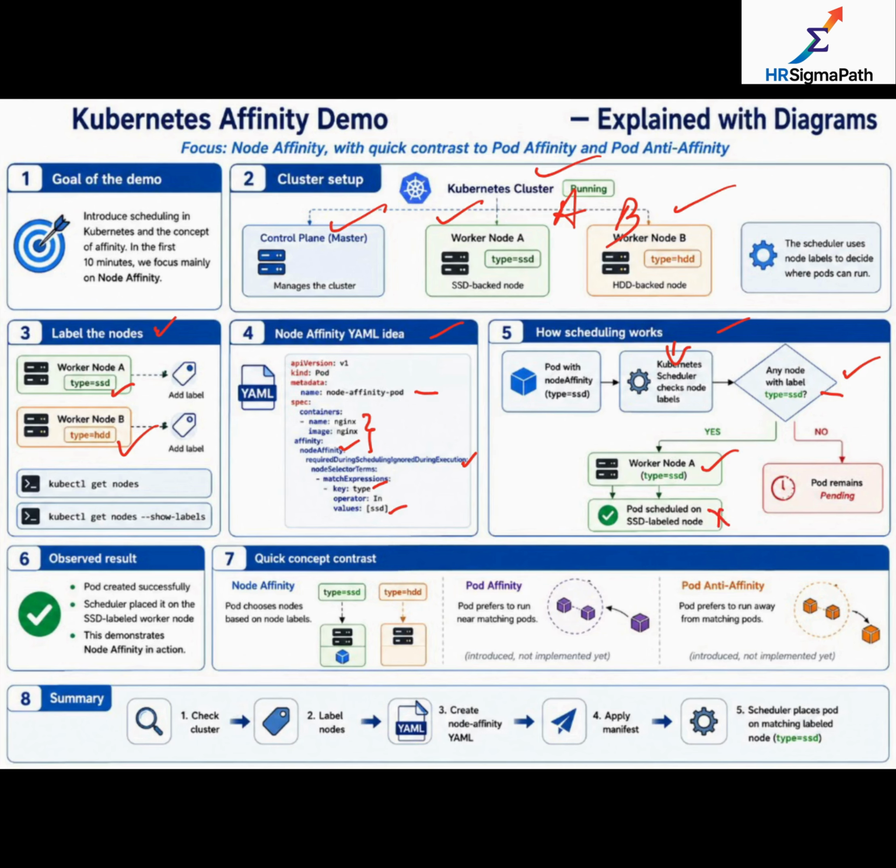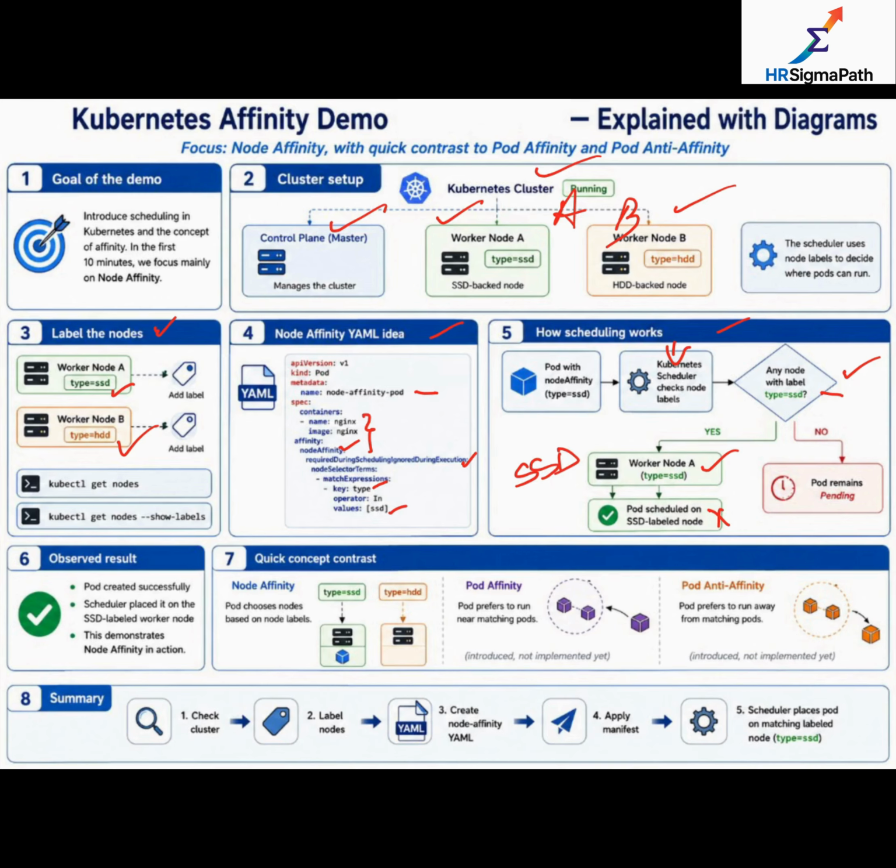That is why the pod gets scheduled on worker node A. Otherwise the pod would remain in pending state if no node had the SSD label. The result is simple: the pod is created successfully and is scheduled on the SSD labeled node. So this proves the node affinity.